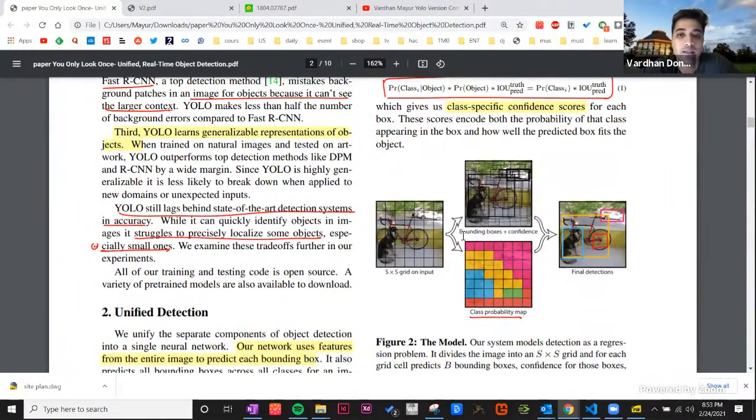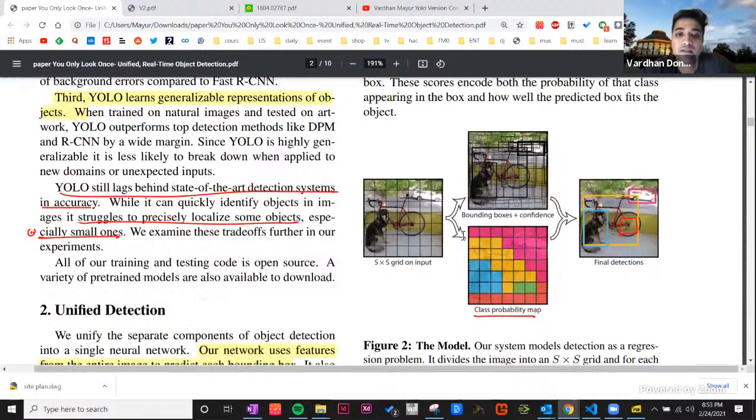Here they kept it to 7 by 7 grids, and for each grid cell there are two bounding boxes. The algorithm tries to identify if there is an object present in a grid cell or not, and then tries to fit that bounding box and find the IOU as compared to the ground truth bounding box.